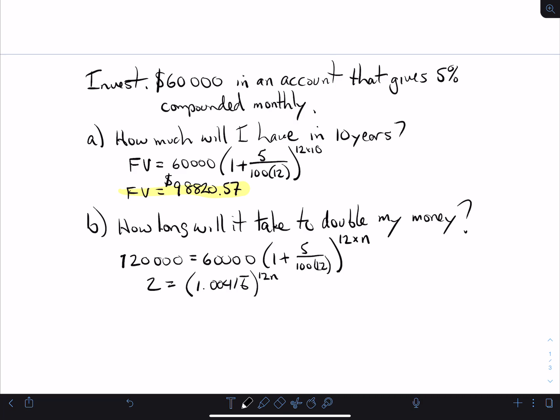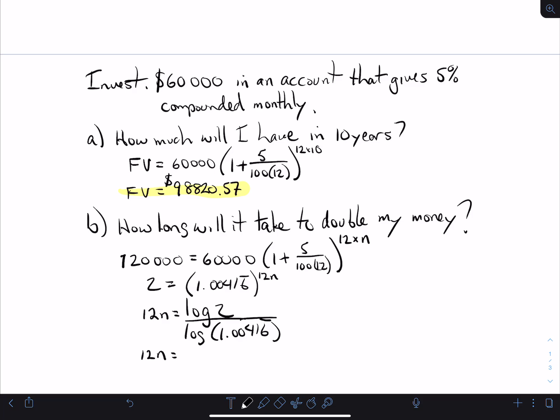Now you look at this and you're going like, oh, it's one of those problems where the unknown is in the exponent. How do you solve that? Well, remember I just said to kind of memorize this. It's a logarithmic problem, which is the inverse of an exponent, and you take the log of the other side divided by the log of the same side as your exponent. And try not to round off. I believe I've mentioned that before.